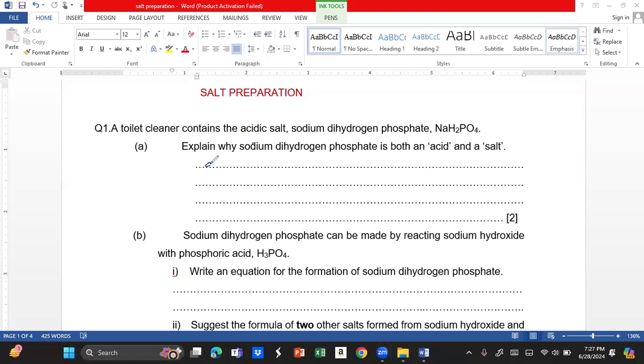It is an acid because it has hydrogen ions in it.